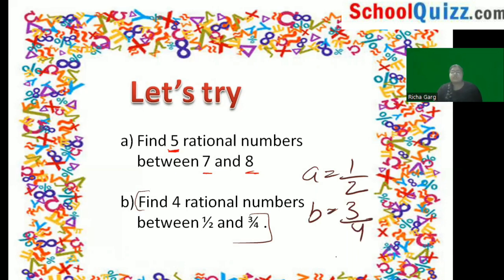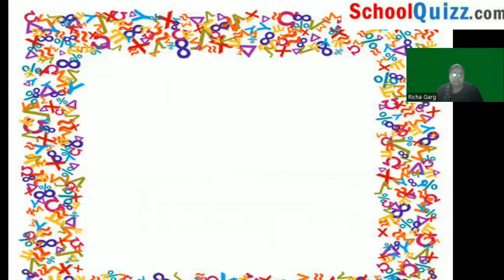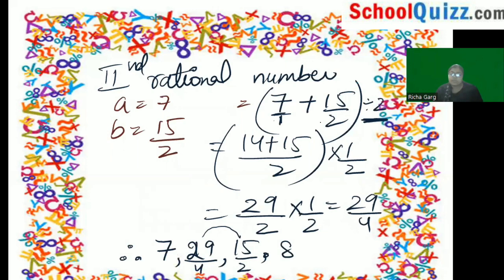This is in the P upon Q format already, and earlier it was not in the P upon Q format, it was only a number. So it can be done as 7 upon 1, 8 upon 1, but we had the numbers 7 and 8 only. So the calculation will start like this only: A plus B divided by 2. Try it on, and if you have any problem, you can ask in the comment section.